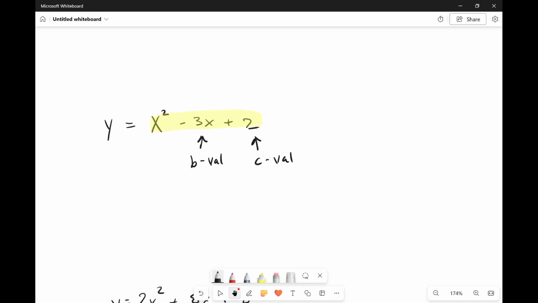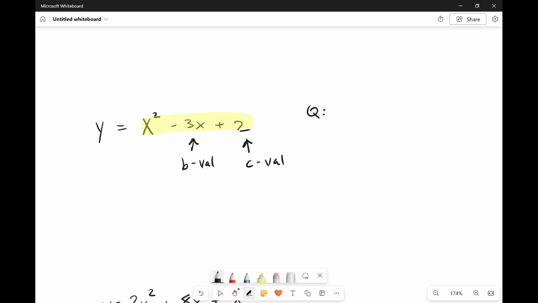And we need to ask what adds to b, and we need to ask what multiplies to c.